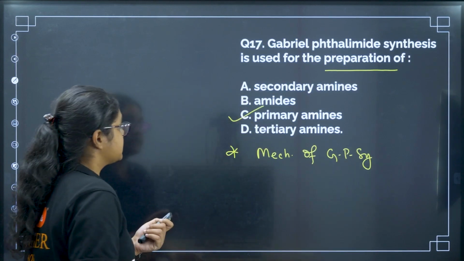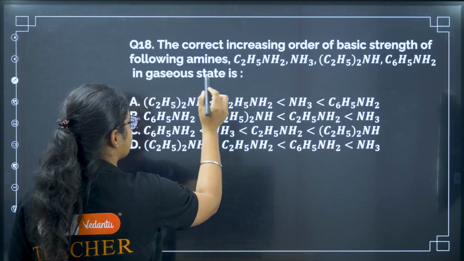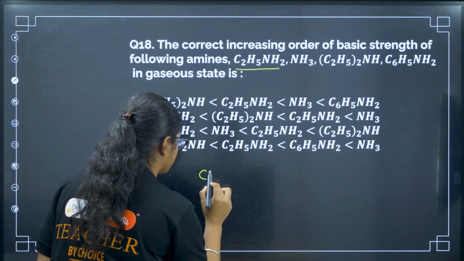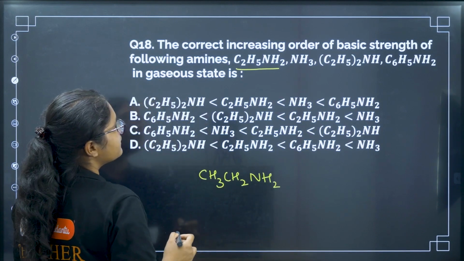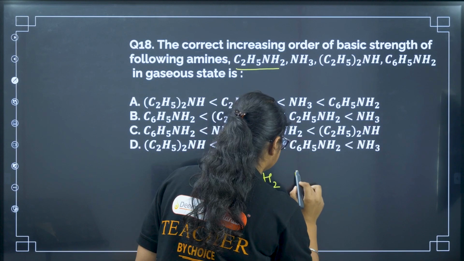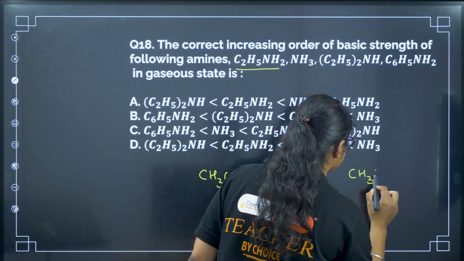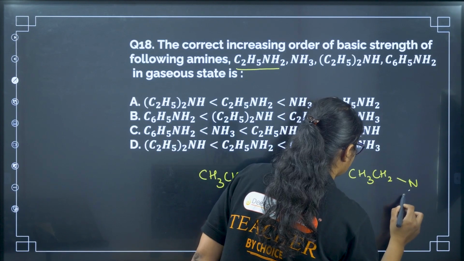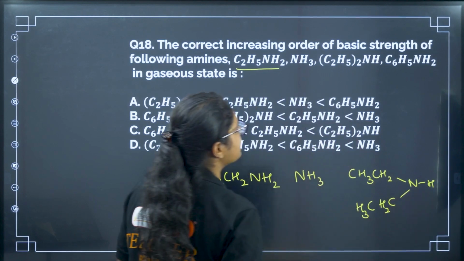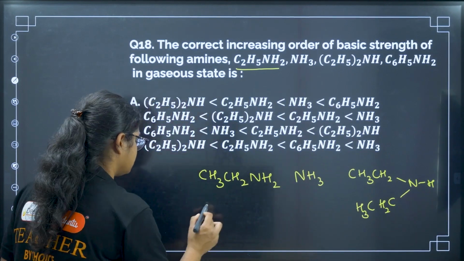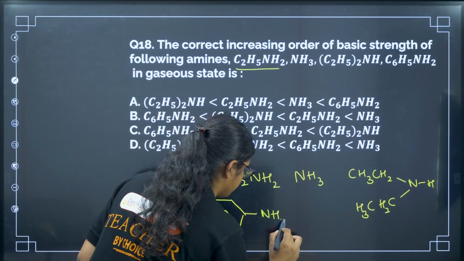Next question here is the correct increasing order of basic strength of the following amines: C2H5NH2, then we have NH3, then we have (C2H5)2NH, and then we have C6H5NH2.